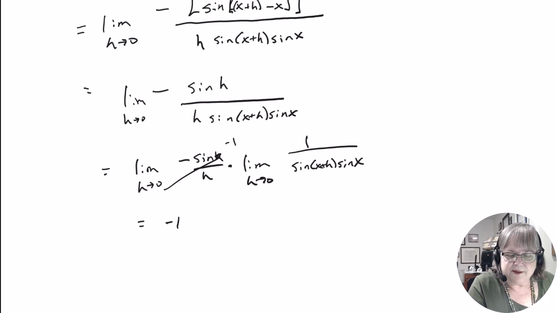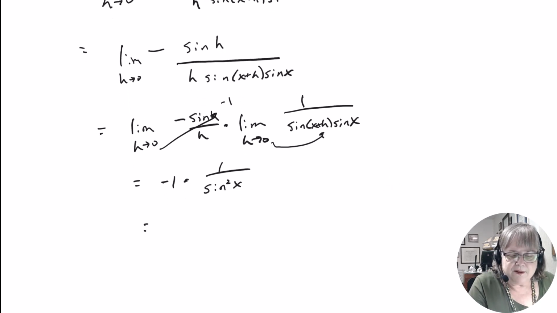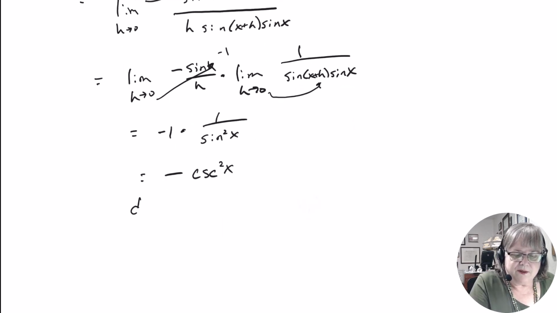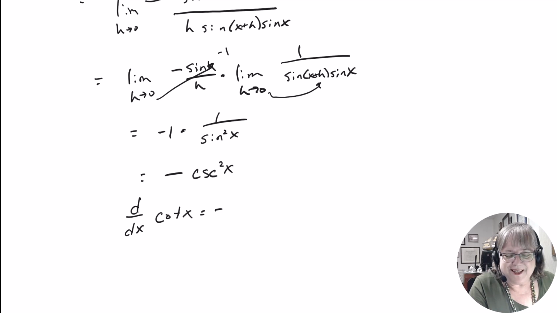And this is going to be 1 over sine squared x because when you put 0 in here, it's just another sine x. So this is negative cosecant squared x. So the derivative with respect to x of cotangent x is negative cosecant squared x.